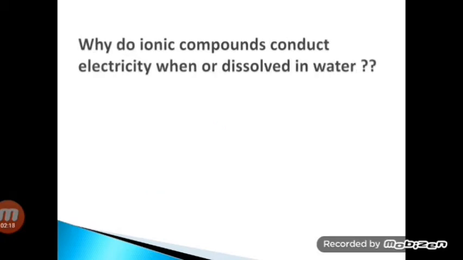Why do ionic compounds conduct electricity when they are dissolved in aqueous solution or when they are in the molten state? Always remember, at room temperature, all the ionic compounds are solid in nature.